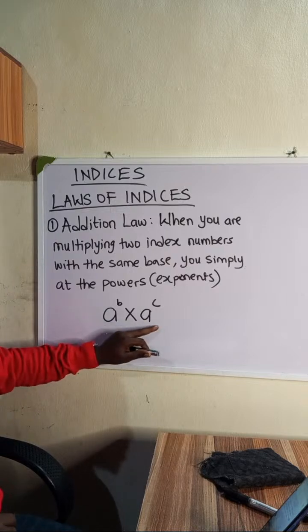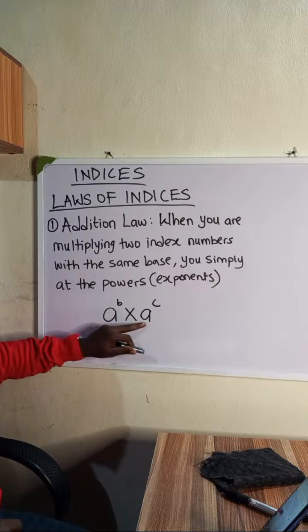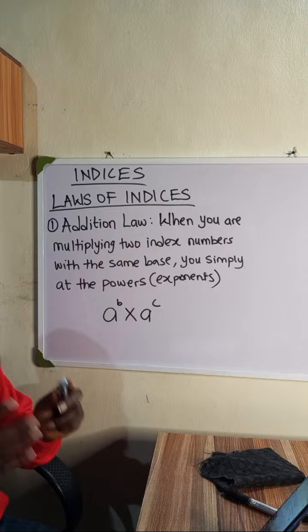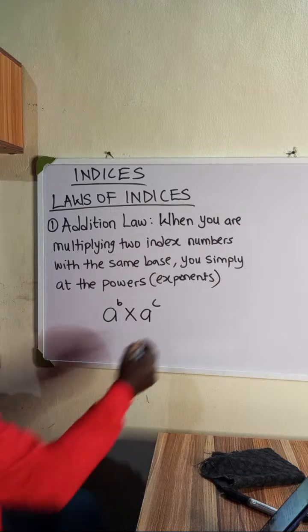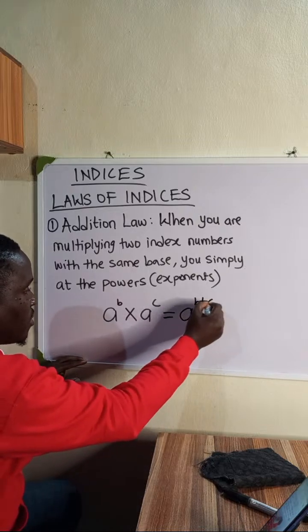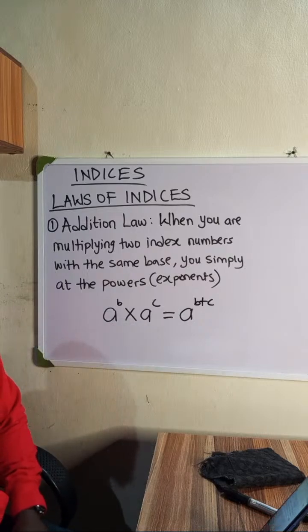Both bases are a, although the powers are different. So once you are multiplying indices with the same base, all you need to do is add the powers. So this will be equal to a to the power of b plus c. You pick one of the two bases and then you add the powers.